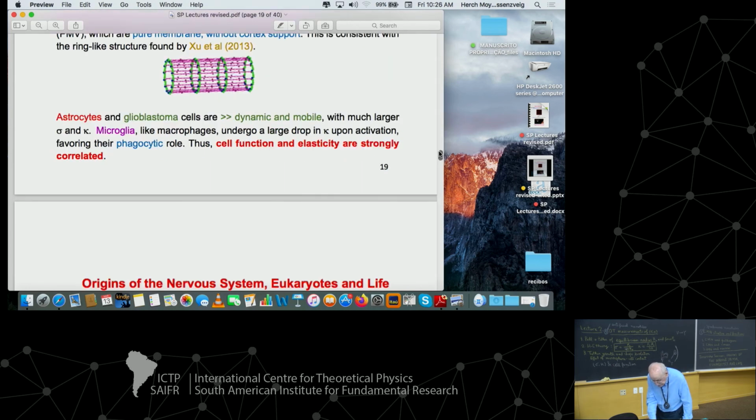So that's why it was so important to measure the elastic constants for all these cells. Okay? And that is what I mentioned at the end here.